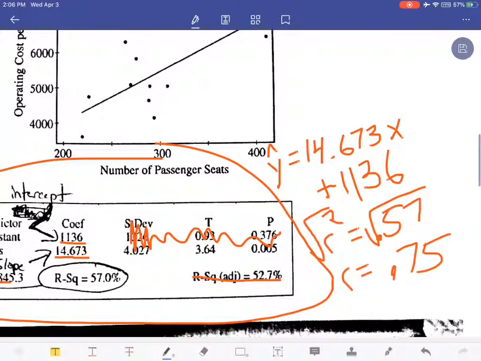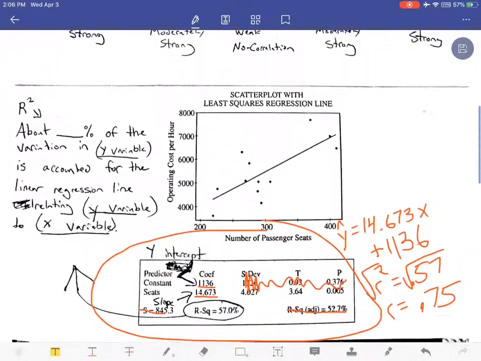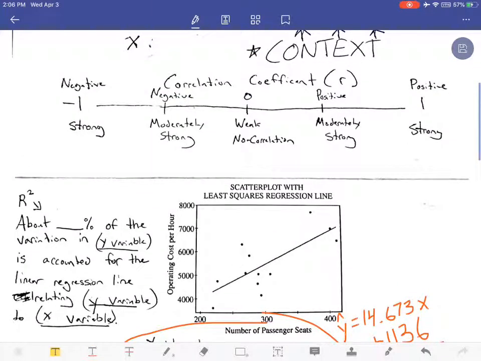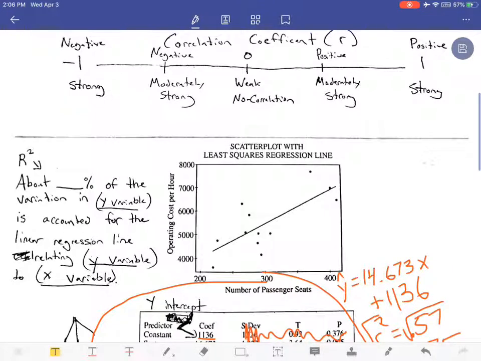So basically, if we go off that scale that we just went through and reviewed, that would probably put us in positive and probably the strong correlation, since we're getting pretty close to that end of the scale at +1.